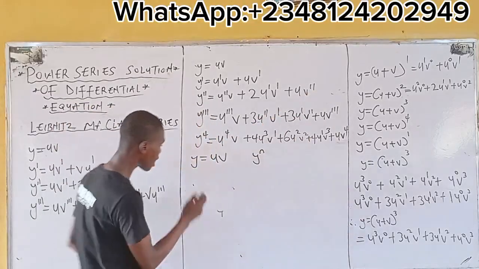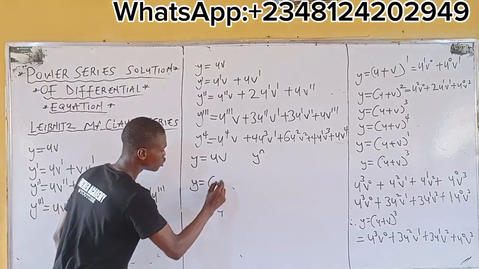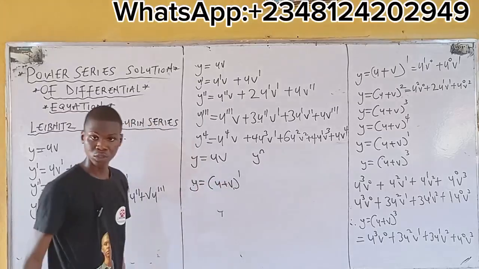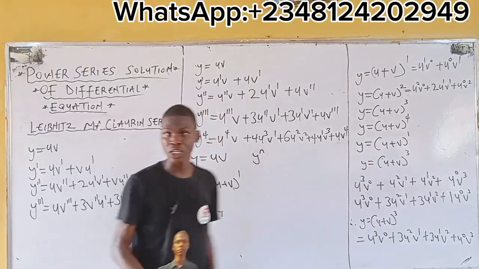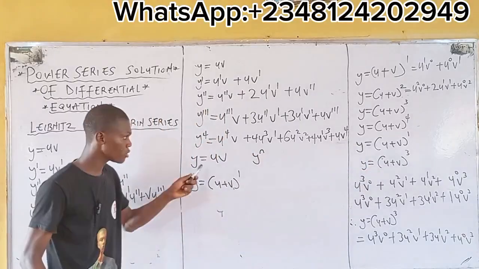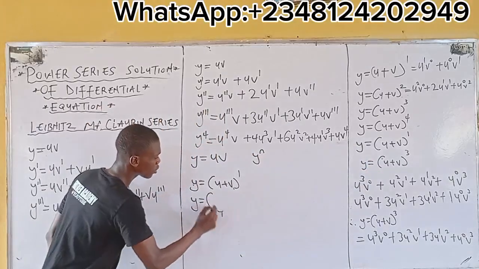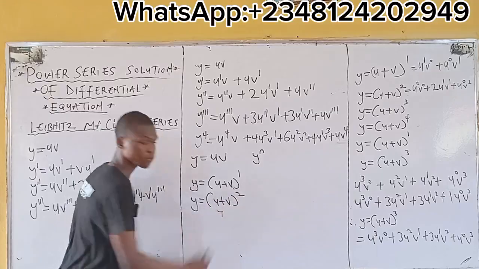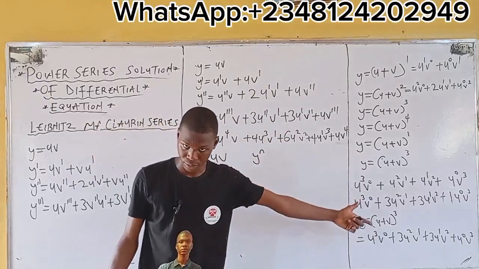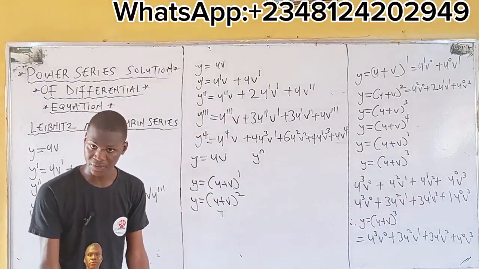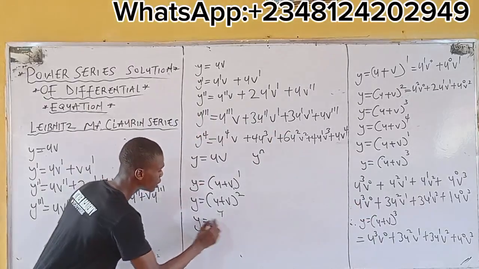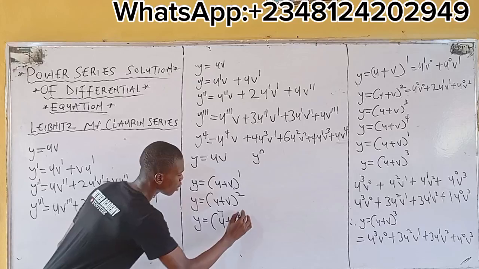What do you have? You have y equals u plus v all raised to the power of 1. You have your answer. So you want to find the second derivative. How do you write it? You have y equals u plus v all raised to the power of 2. You obtain your answer. So you want to find the third derivative. How do you write it? You have y equals u plus v all raised to the power of 3.